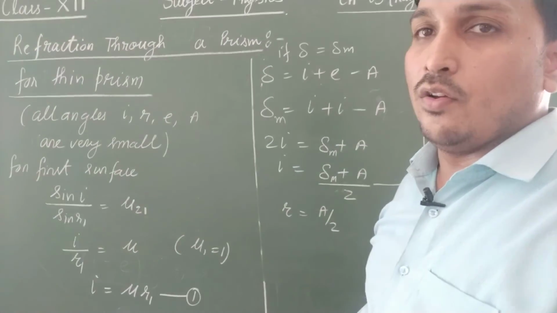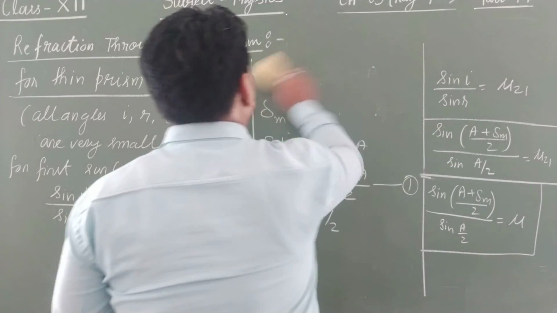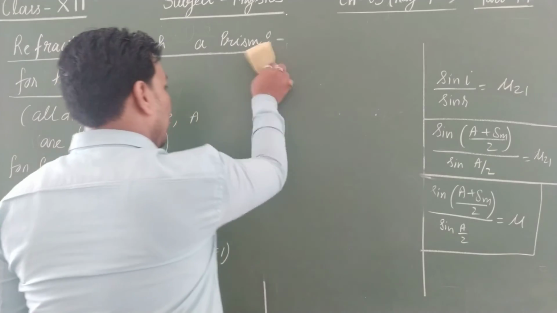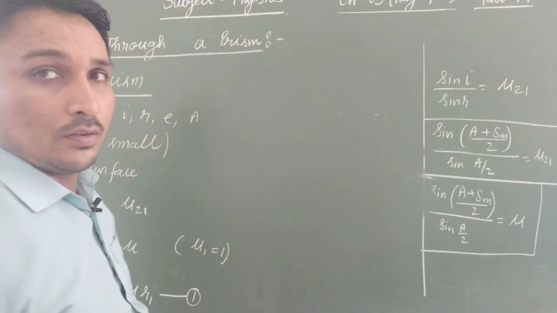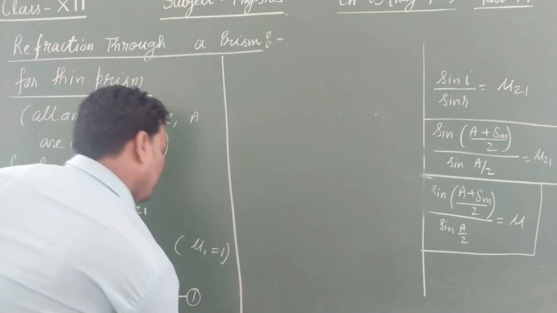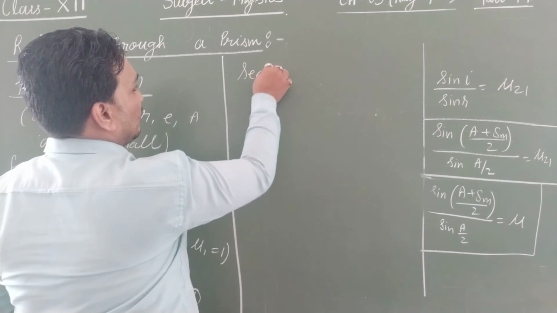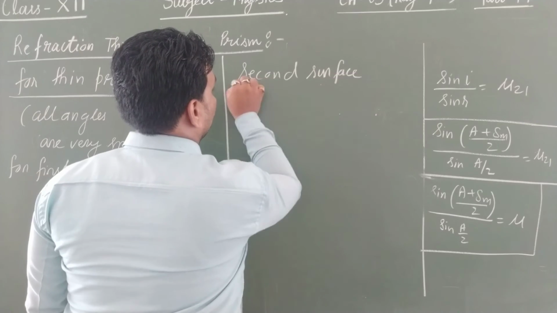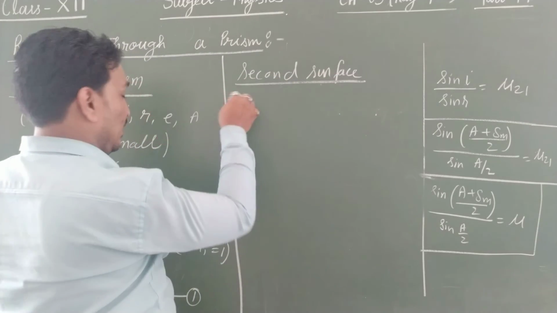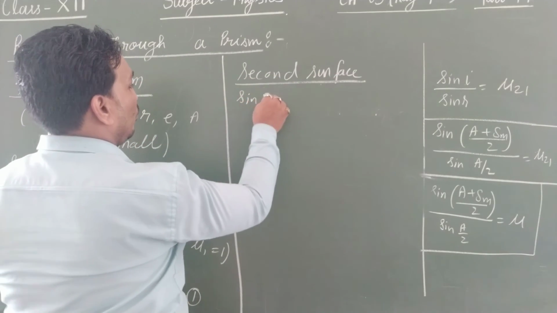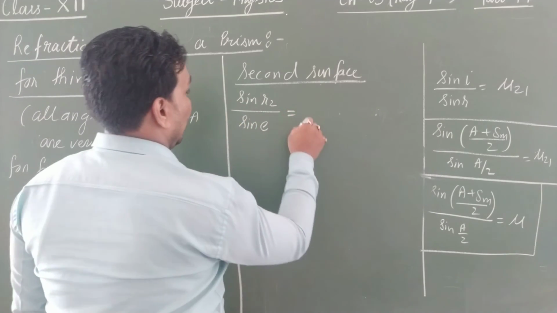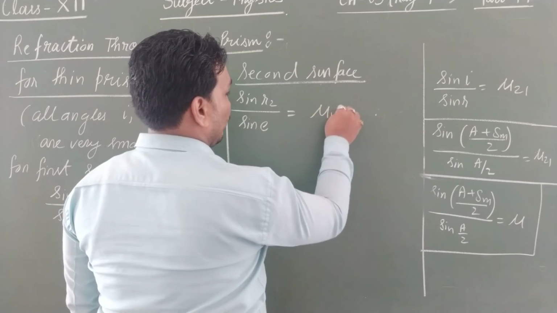Second case, for the second surface. The angle of incidence was R2 and the angle of refraction was E, and that is equal to mu 1 2.